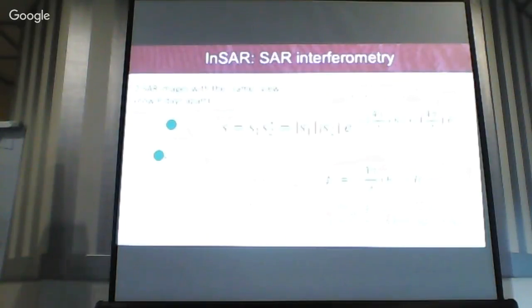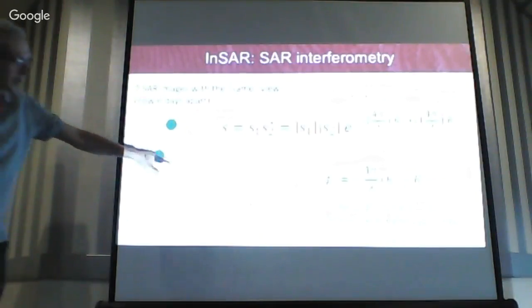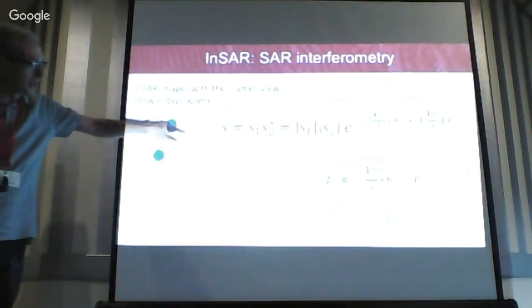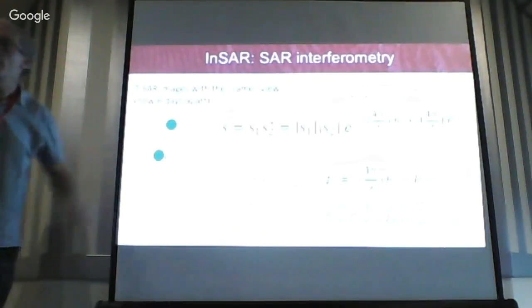If we combine the two images into what's called the interferogram, we have a combined signal. If you look at the phase of this signal, this phi, it is associated with the differences between these two rays.